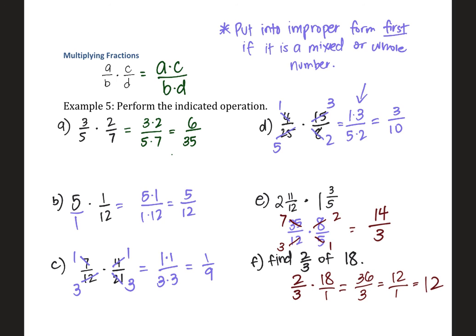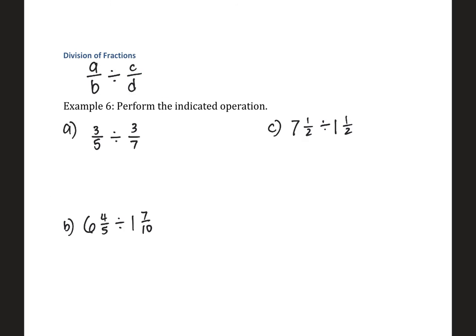What we'll go over last is just dividing fractions. When we're dividing fractions, again, we have another formula that we're going to be using. So if I have A over B divided by C over D, this is very similar to multiplying, but all we're going to do is think of division as multiplying by a reciprocal.